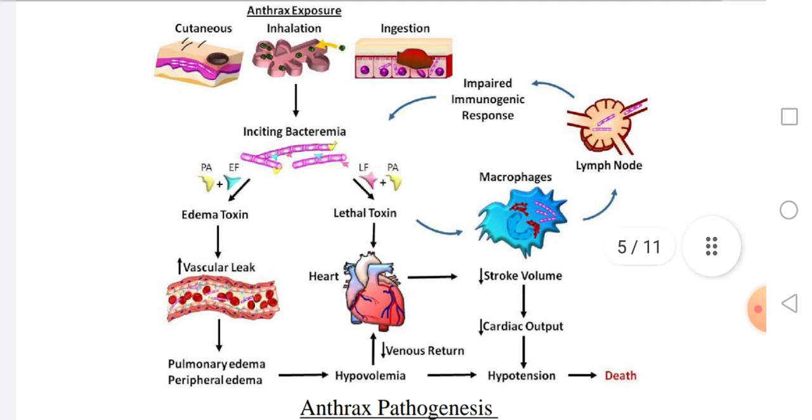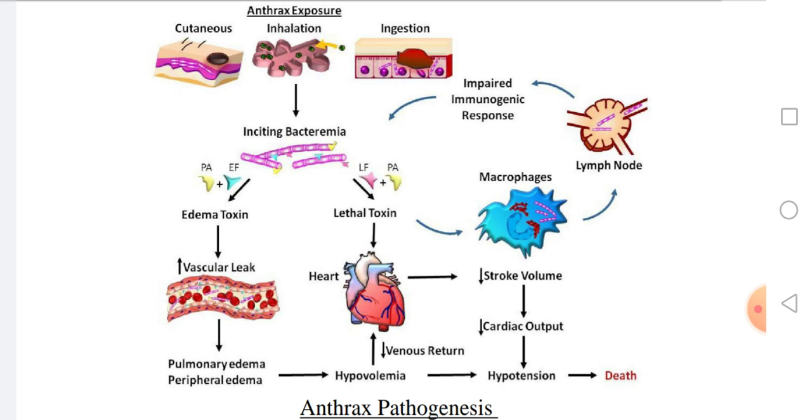The pathogenesis of anthrax: after exposure, the bacteria will germinate from the spores. So the spores are going to germinate into vegetative bacteria, and in the blood, the bacteria cause bacteremia, and they produce the toxin.